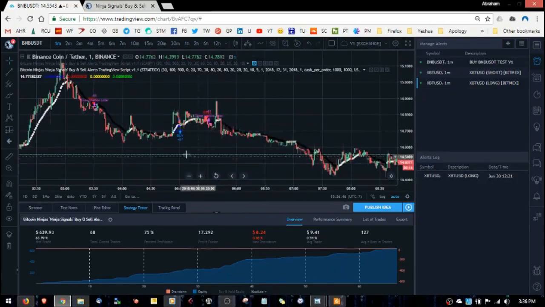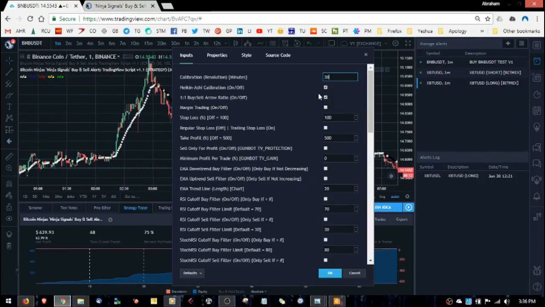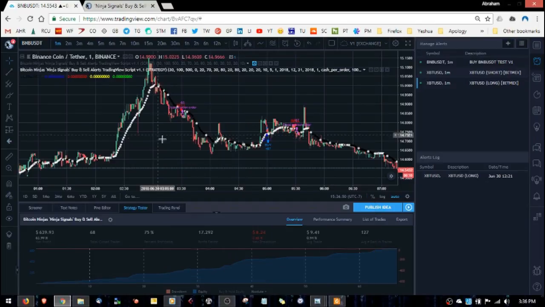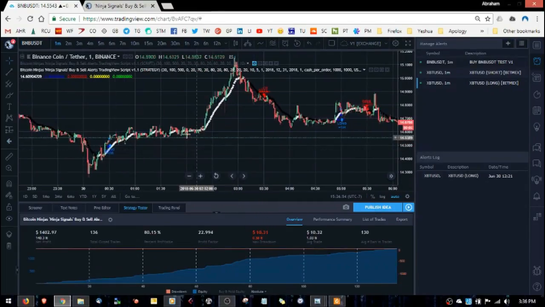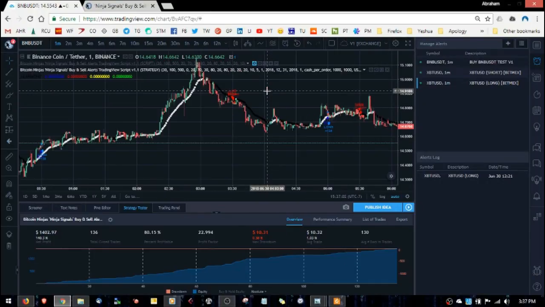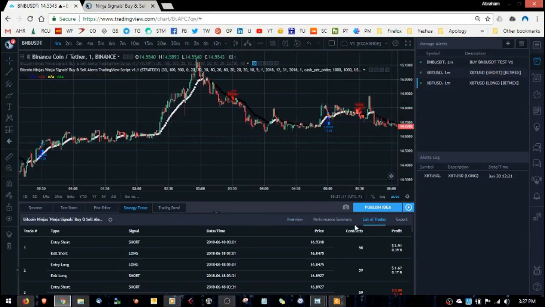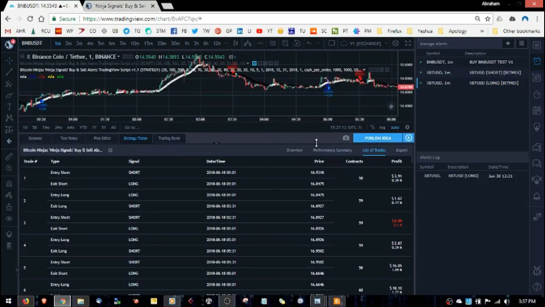So for margin trading, we'll just activate that option, and our closed position orders have now become shorts. And we see that the buy arrows are now long arrows to make profit on the way up, and then the sell arrows now become short signals to not only close the long position and capture that profit, but also to open up a new short position and start making profit on the way down. And you can see this reflected in the backtesting area.